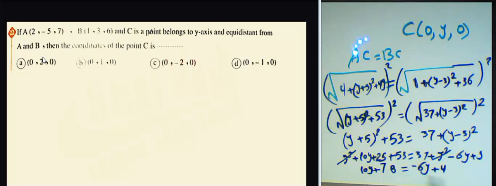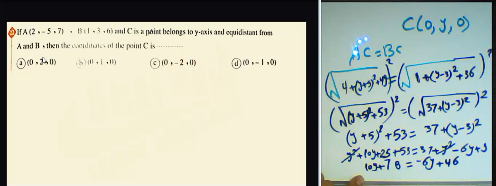37 plus 9 equals 46. And then moving negative 6y here, it will be 16y equal 46 minus 78. Right, negative here. 8 minus 6 equal 2 and 7 minus 4 equal 3.